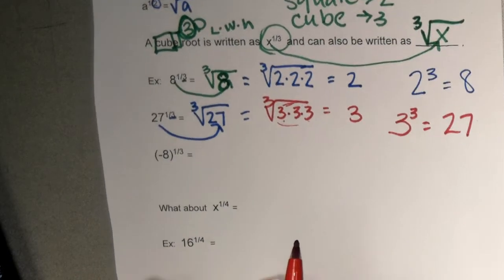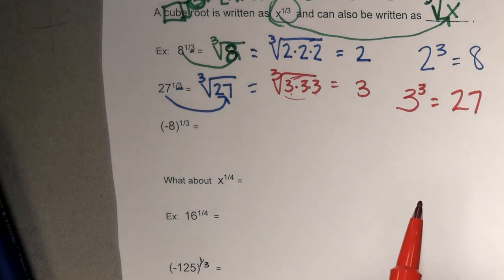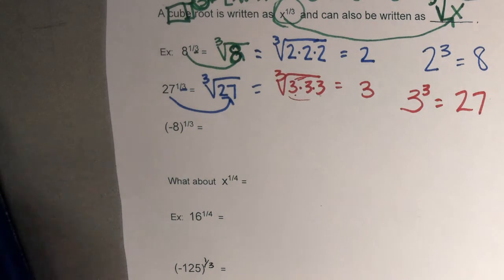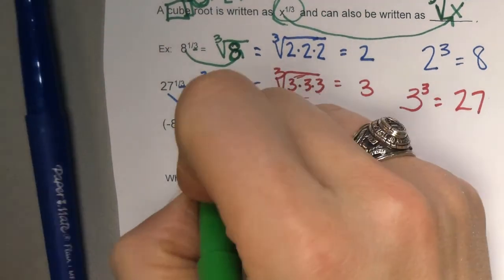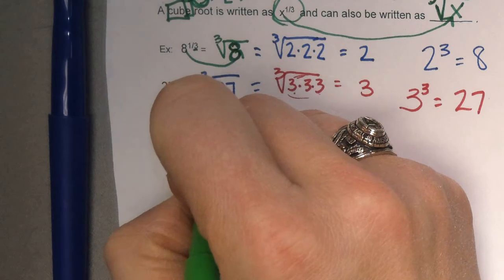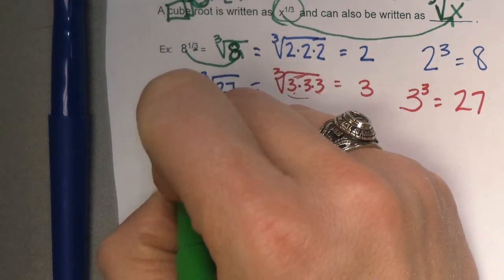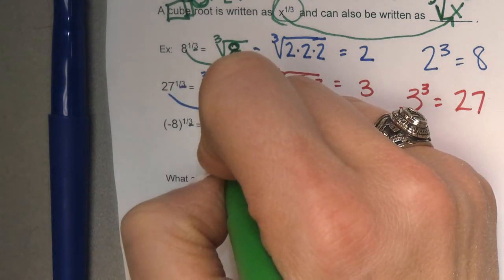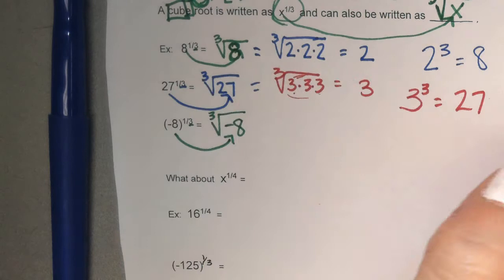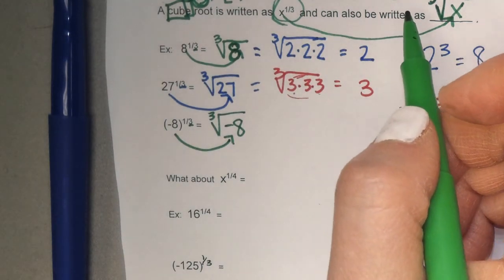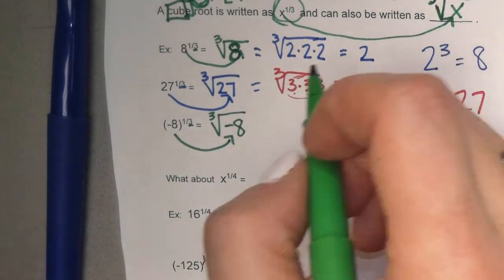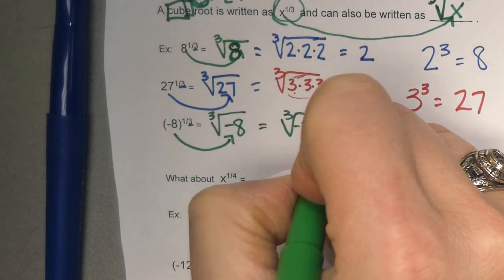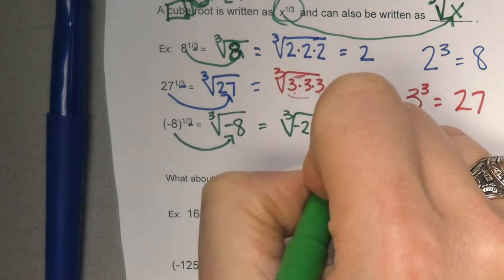Okay? Keep going here. We have a negative number. That's okay. So negative 8 to the 1/3. So I'm going to do my little square root with my 3 because it's a 1/3. And I'm going to put my negative 8 inside. That's my base. So I have to ask myself, what times what equals negative 8? Well, negative 2 times negative 2 times negative 2 equals negative 8.